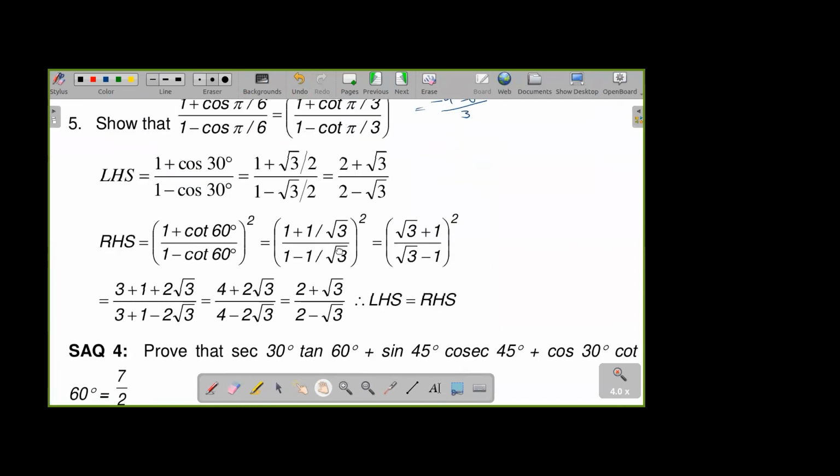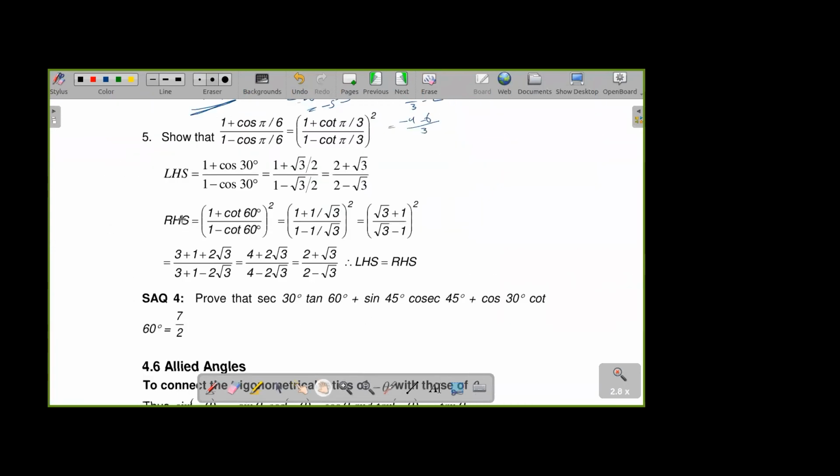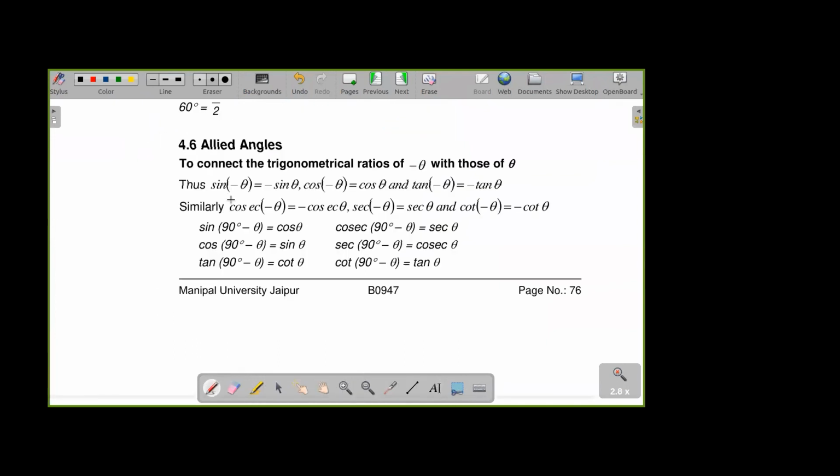Now comes allied angle. Okay, I will try to explain what is here. This is just a simple formula.